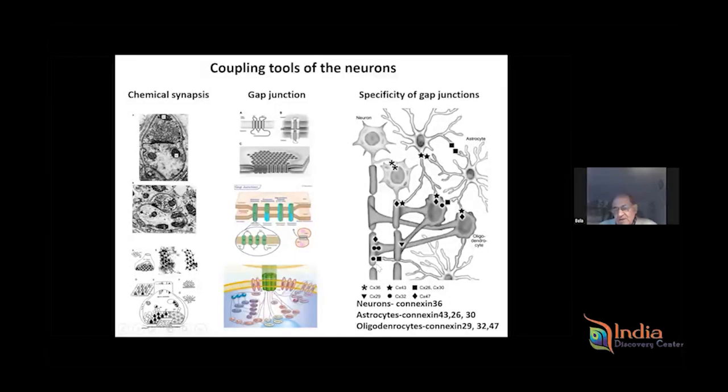The astrocyte has very different proteins, connexin 43, 26, and 30, and the oligodendrocyte also has a different protein, connexin 29.